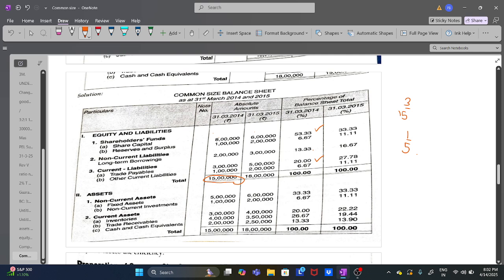Again 1 by 15 we have already calculated, 6.67. Otherwise, the total of all these should come to 100%, so a missing figure can also be calculated.